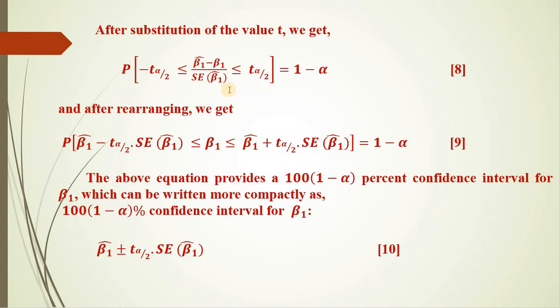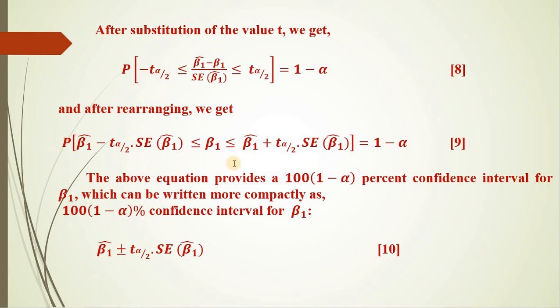And if you rearrange, you can cross multiply standard error of beta 1 cap with minus t alpha by 2 and plus t alpha by 2. So we get this value, and if you take beta 1 cap to the left hand side as well as the right hand side, you will get this expression for the confidence interval.